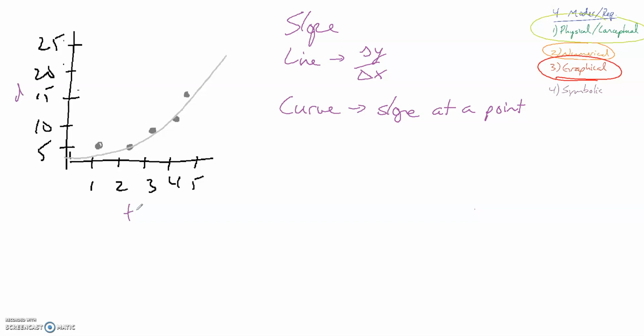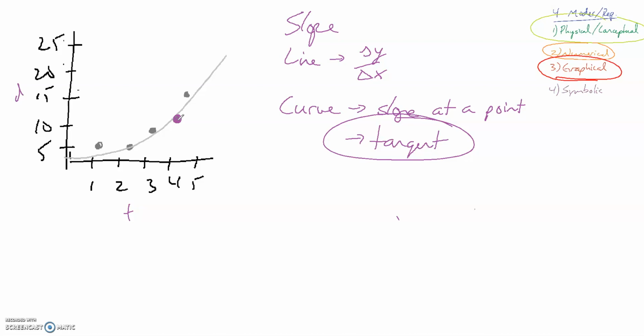So instead of finding the slope for the entire thing, you can find the slope at a point, and this is what's called finding the tangent, or slope at a tangent. Now, what you do is you sort of pick a point. Maybe I want this point right there, okay? And I want to know the speed at that time. Maybe it's 4 seconds or something like that, according to my graph here.